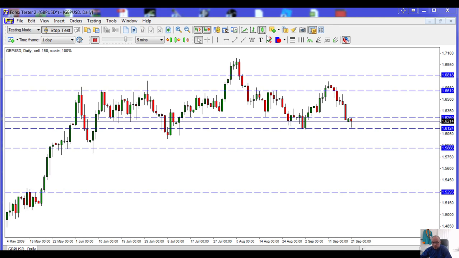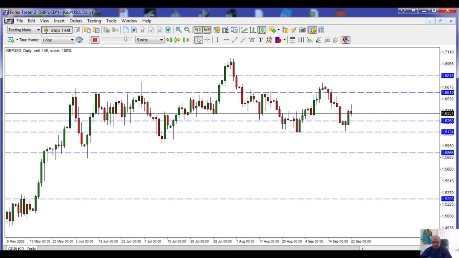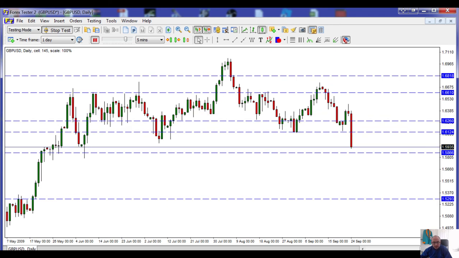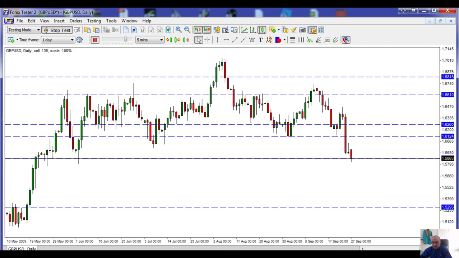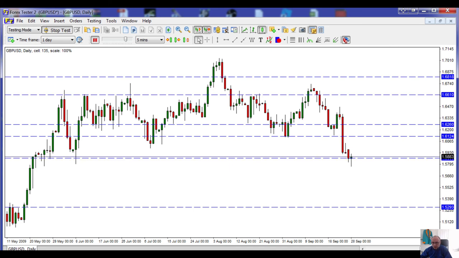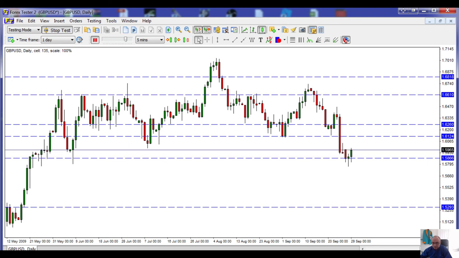Okay, so scrolling on through. Here we have a big momentum short candle, bearish candle. Comes into prior support. Trades lower than the support, closes higher.